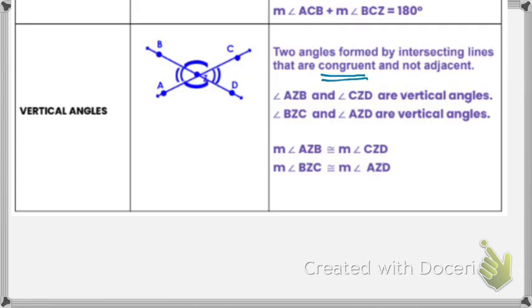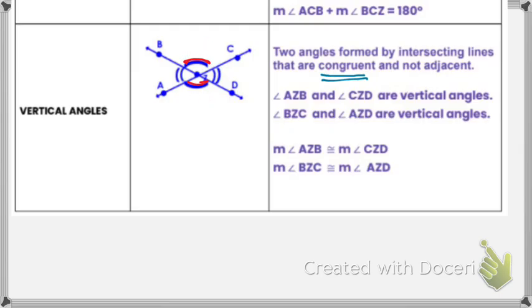They are congruent. Remember, congruent means equal measures. So essentially what we're saying is this one and this one right here are the same measure. So if this one right here is 100 degrees, this one right here will also be 100 degrees. That's the relationship that vertical angles have to each other.